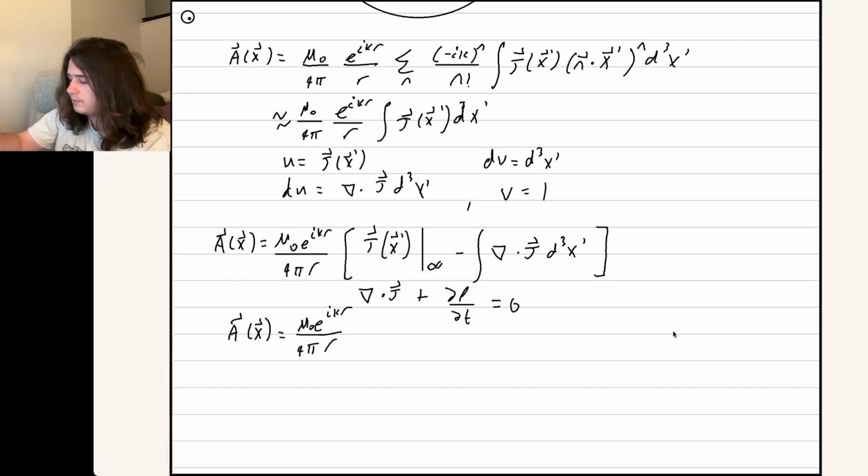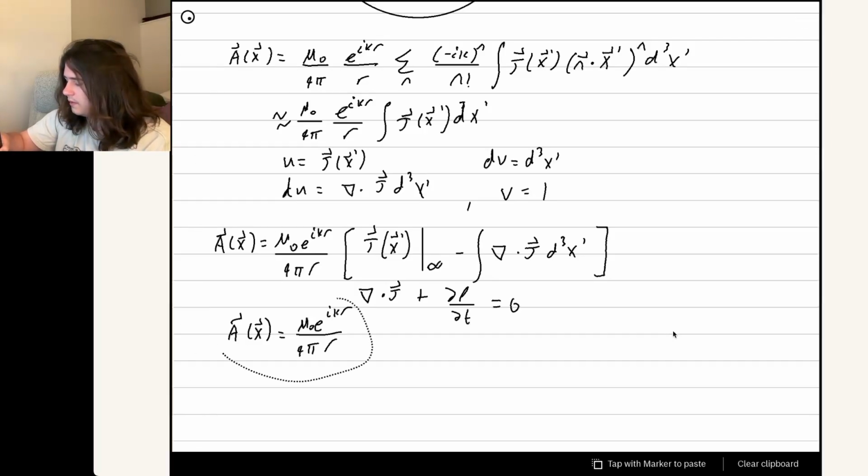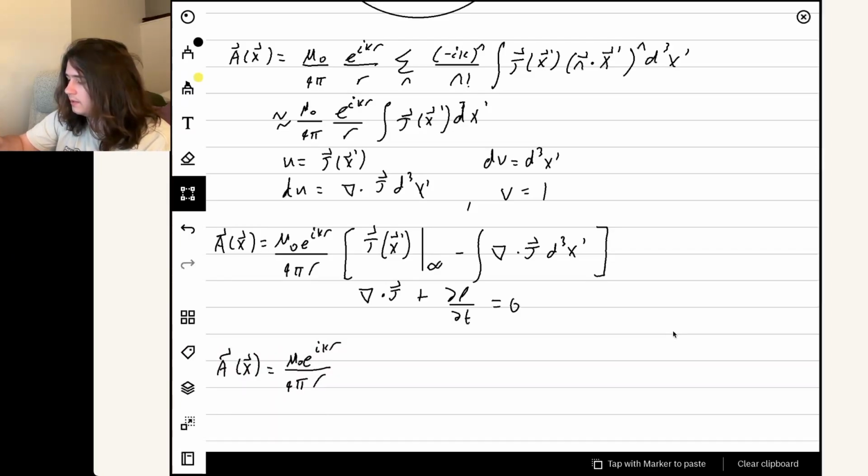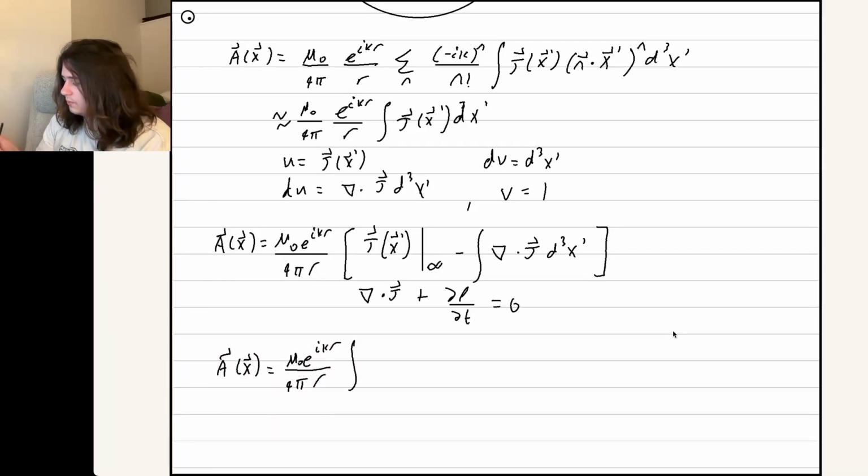I'm running out of room, but it's just going to end up being the integral of the time derivative of the charge density.